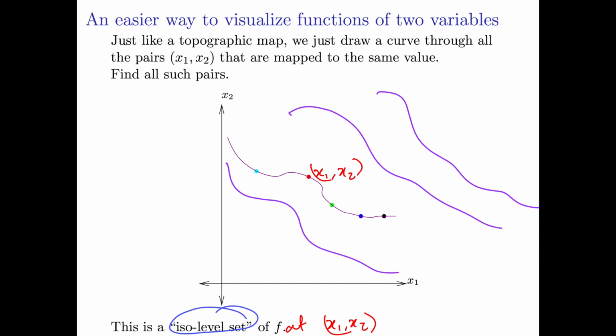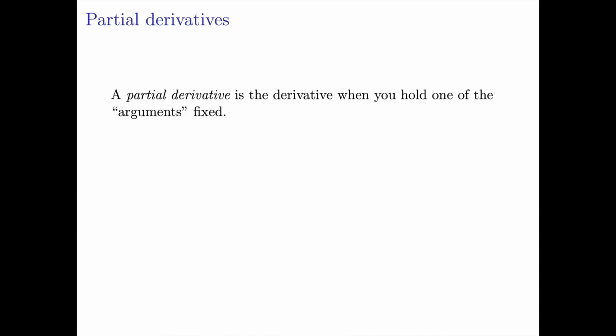Another thing we were able to do with a function of a single variable was write down its derivative. But how do you write down derivatives of functions of 2 variables? That's where we're going to use the concept of a partial derivative. A partial derivative, with respect to, let's say, the first argument, is where we hold all the other arguments fixed and we treat them as constants, and take the derivative with respect to the first argument. Similarly, you can find the partial derivative with respect to the second argument, and the third, and the 18th, however many variables there are.